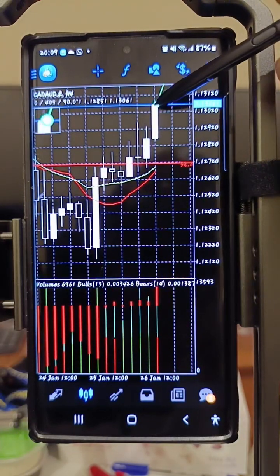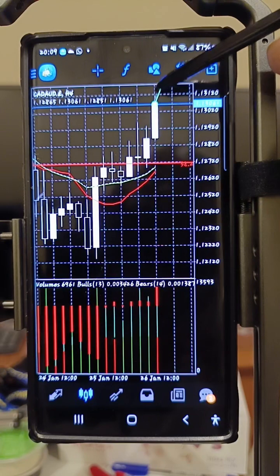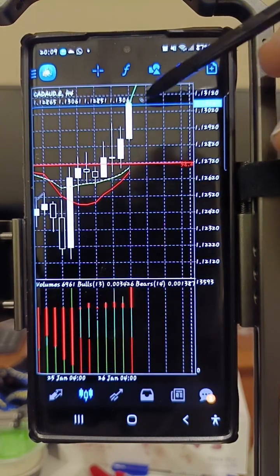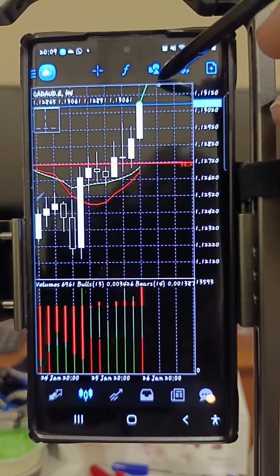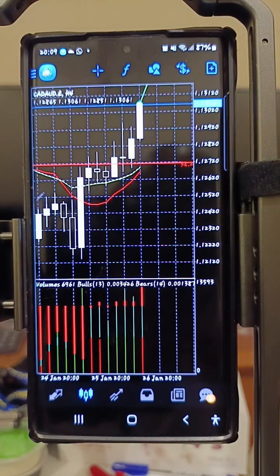So we are looking to see this gap up a bit. Then it will come back to fill that gap and then head up.